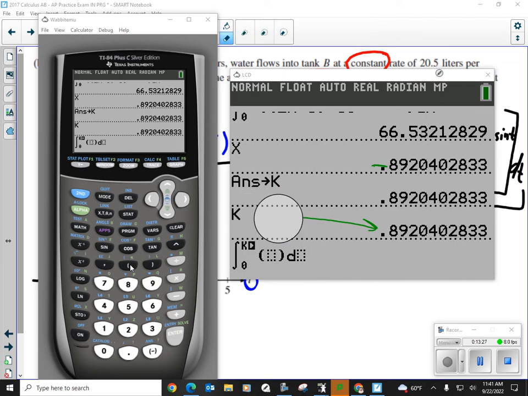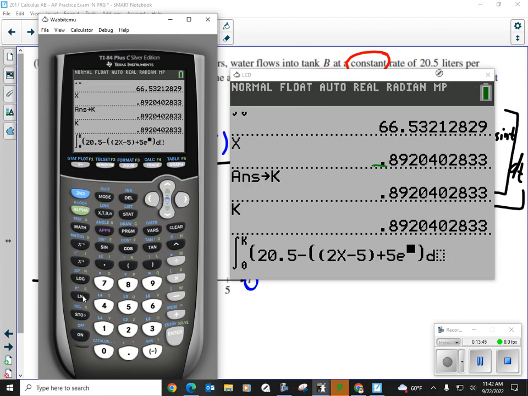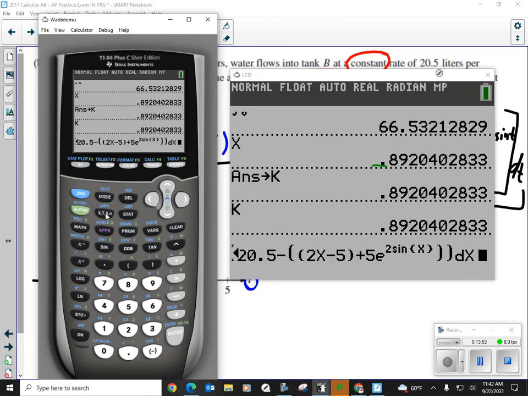All right? And now I take my bigger function, which is 20.5, minus the entire smaller function. So I got to put parentheses even to start it. 2x minus 5 parentheses plus 5 e raised to the 2 sine of x. Boom. I pop out. I close that whole smaller function. My dummy variable is x.